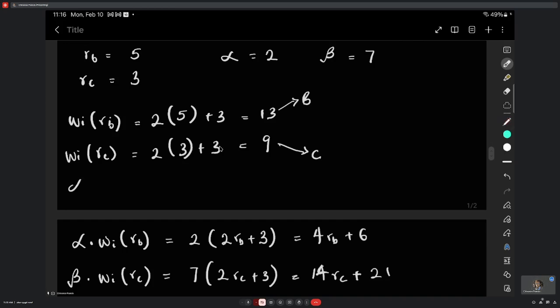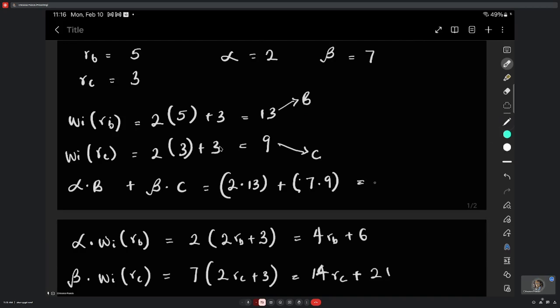So alpha times b plus beta times c will be equal to 2 times 13, right, plus 7 times 9.